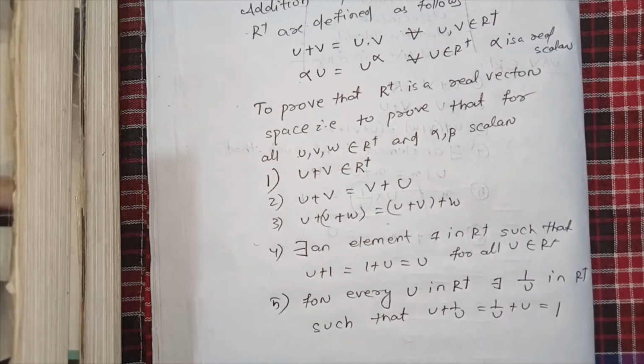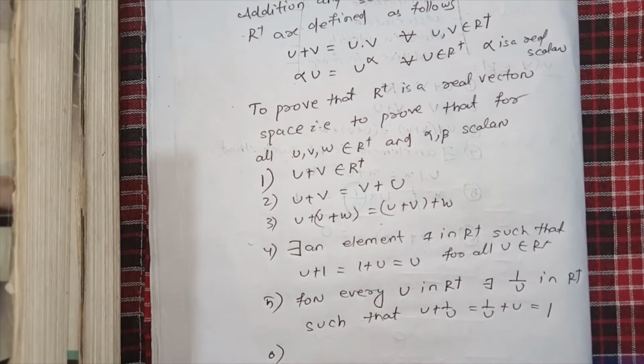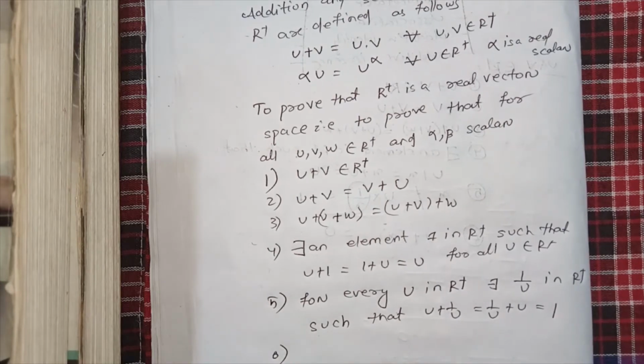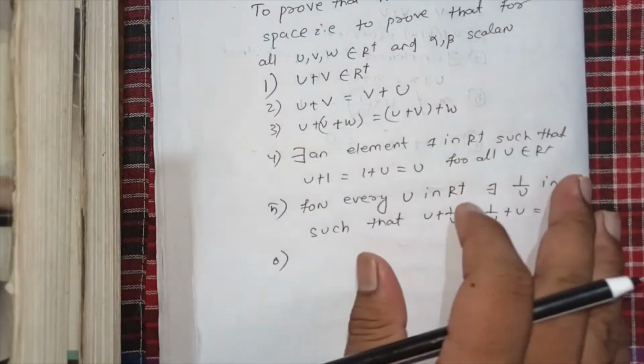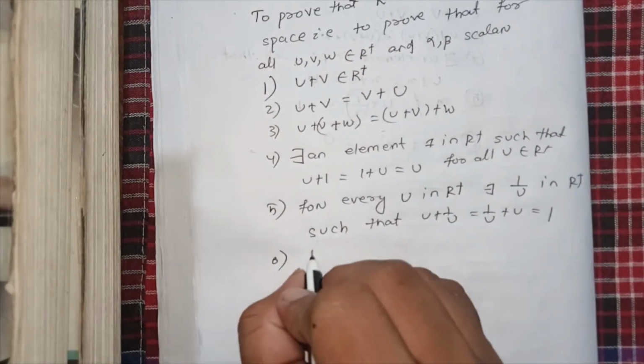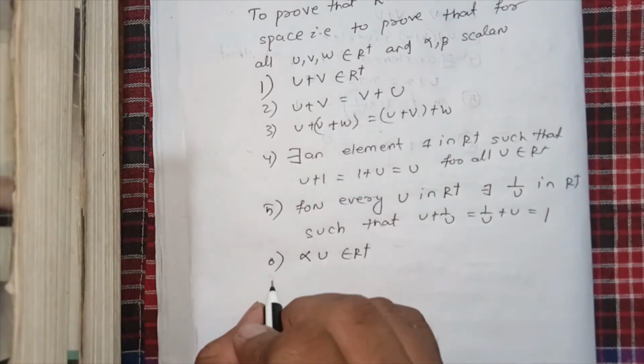So these are the first five postulates which you have to prove. We have to prove the remaining postulates too, and if all the 10 postulates are satisfied, then this will be called a vector space. Number 6 is scalar multiplication, that alpha u belongs to R plus, the closure property of multiplication.